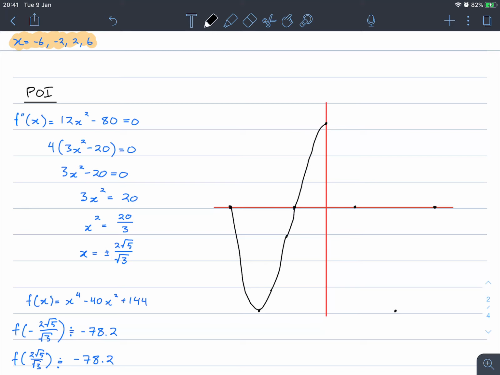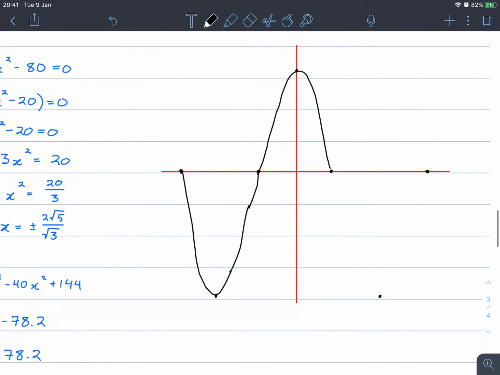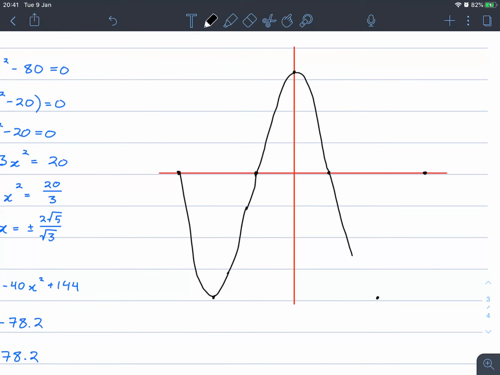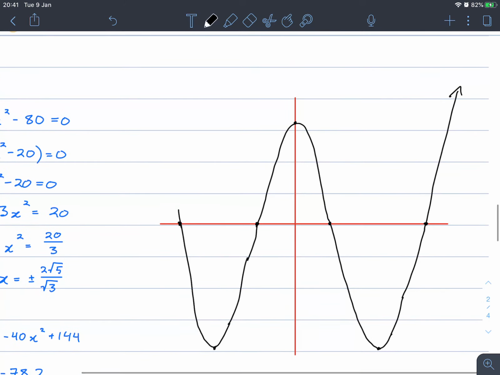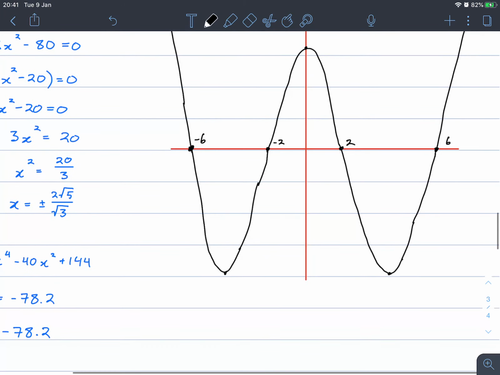Sketching it all together. It all comes together nice and neatly. And there we have it. Putting all the critical points in, this is -6, -2, 2, +6.